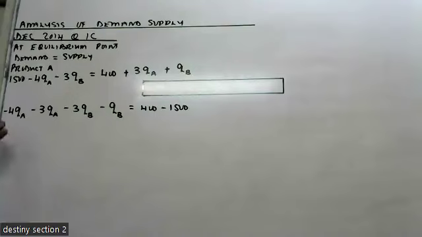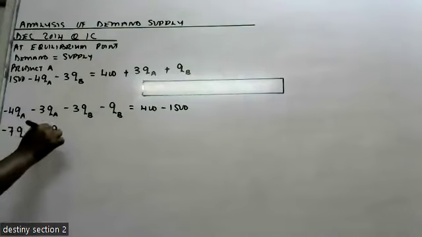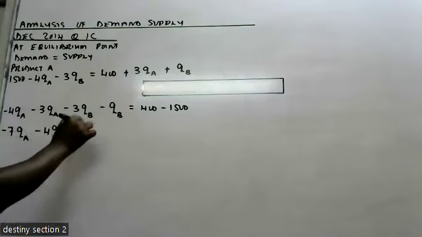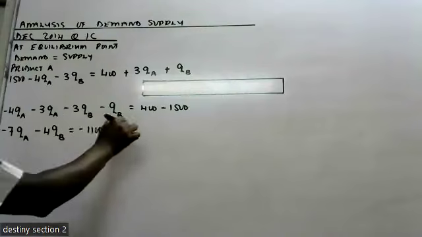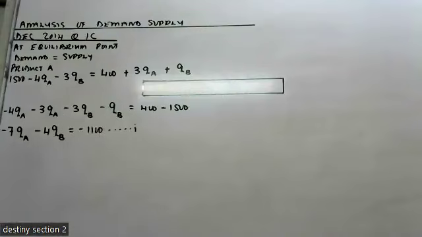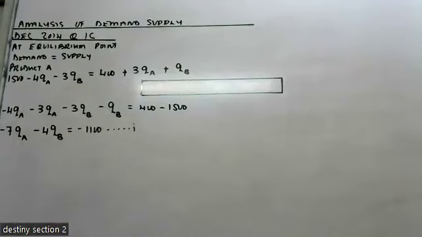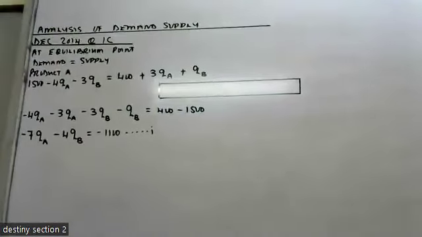And in so doing, this adds up as minus 7QA minus 4QB is equal to minus 1100. And this one, we call equation number 1.